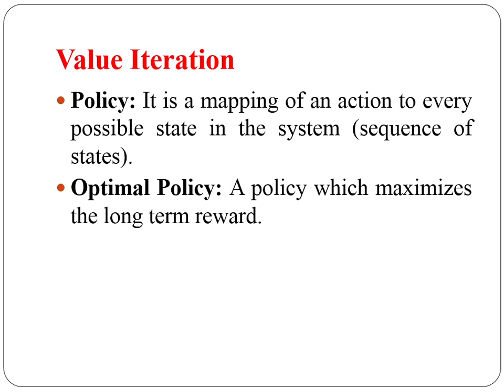If an agent moves from one state to another state, to go to the destination, what sequence of states is taken in order to go from source to destination? There are multiple states, so the pattern of those states, the sequence of the states, is called the policy here.